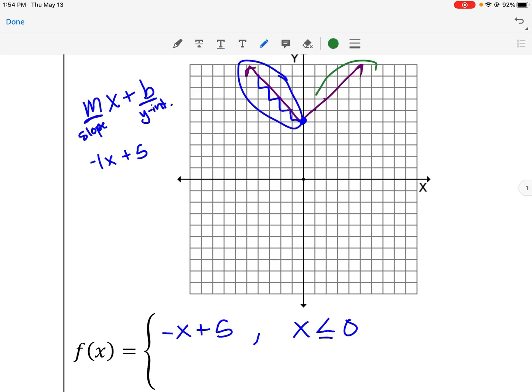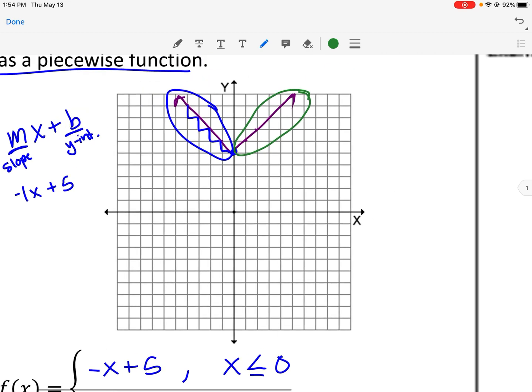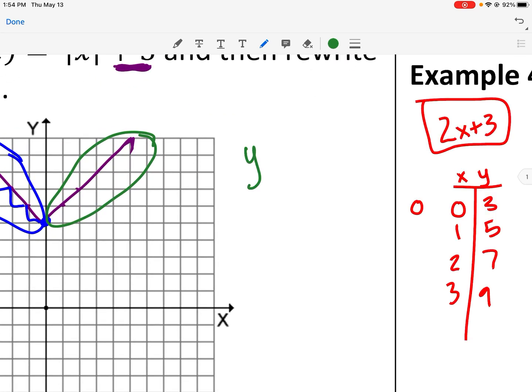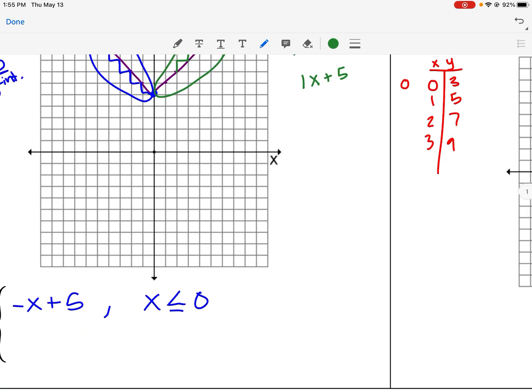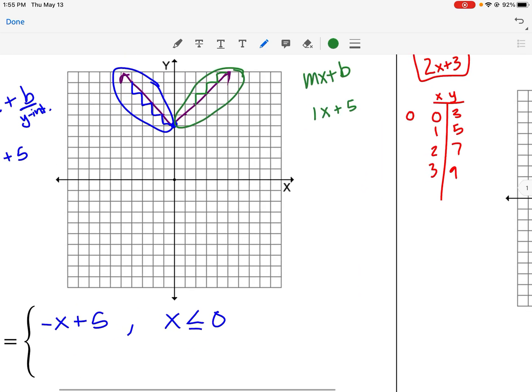Okay. And now we look at the right side of this graph. So this side, and we do the same thing. It's still linear. So if we're looking at mx plus b again, we just have to rethink what that is. So m, rise over run, up 1 over 1, up 1 over 1, up 1 over 1. So it's 1 over 1 for our slope, and then the y-intercept still crosses the y-axis at 5.